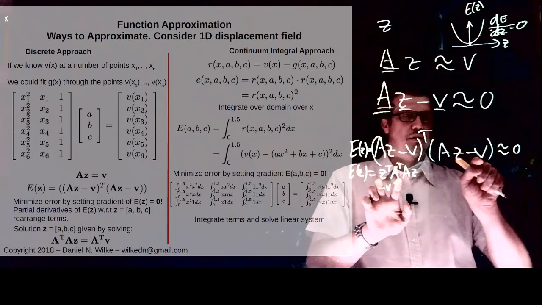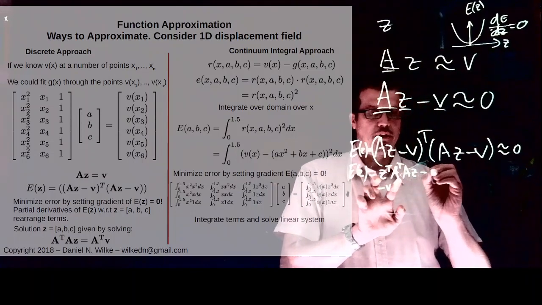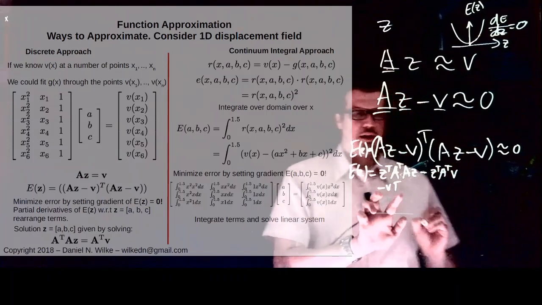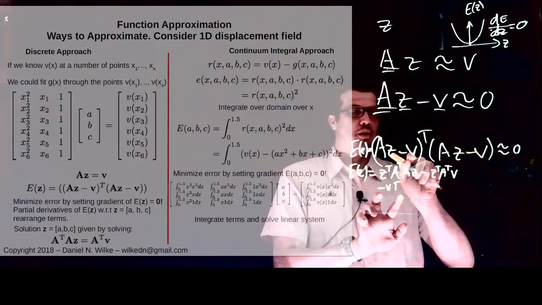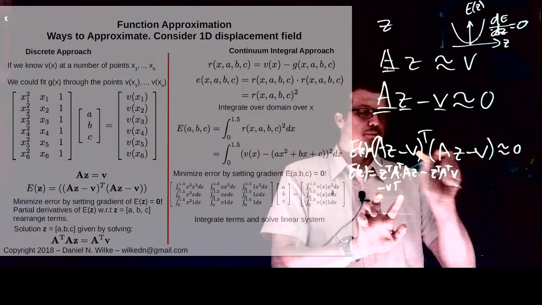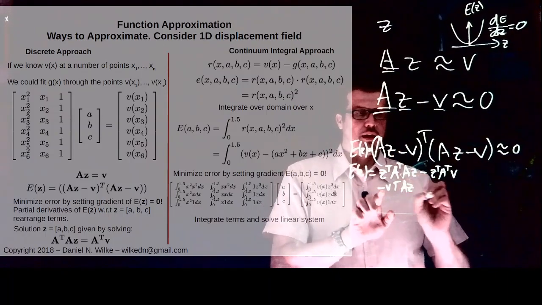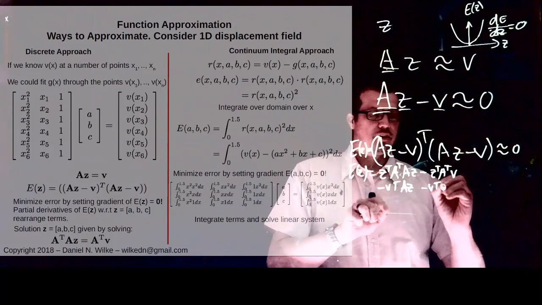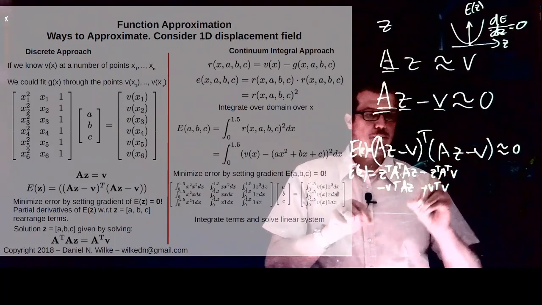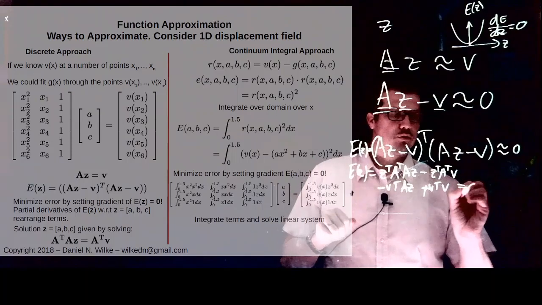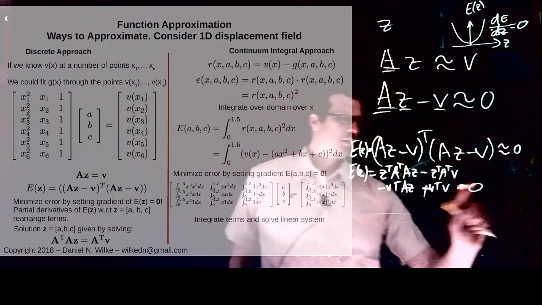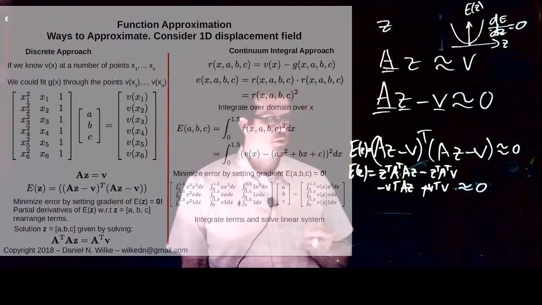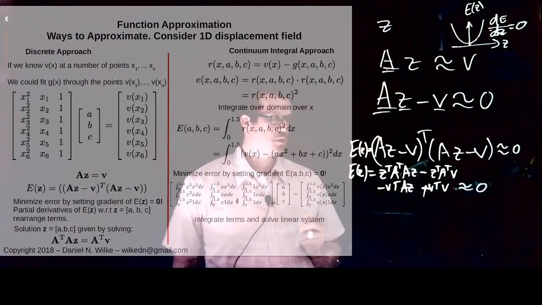Then this times this will be minus Z transpose A transpose V. On this side I've got negative V transpose multiplied by AZ, and then negative V transpose times negative V, which becomes a positive. And that must be approximately equal to 0, as close as we can solve it.